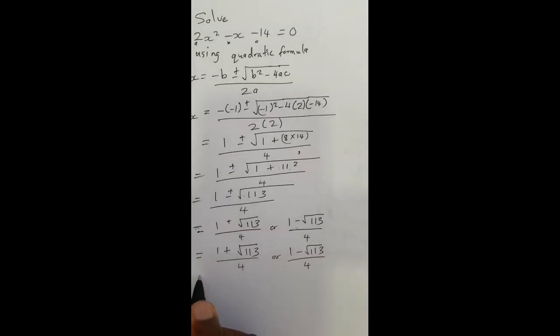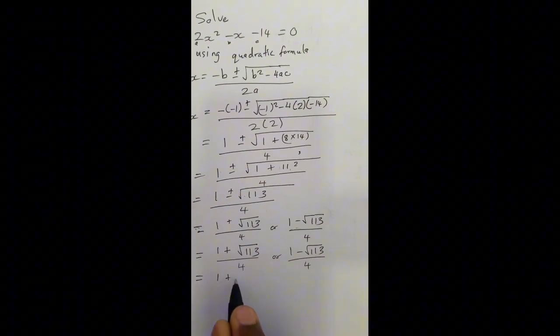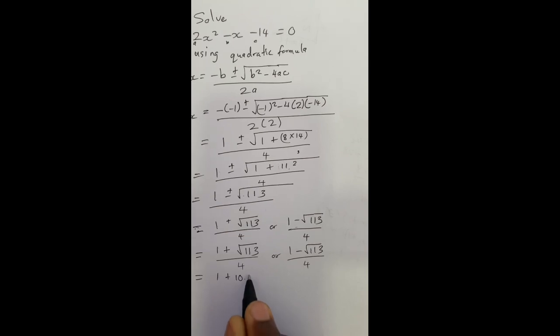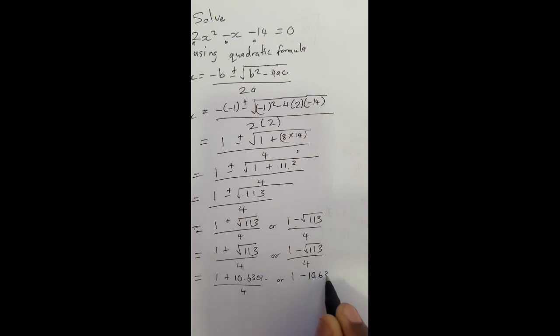We got the square root of 113 is 10.6301. So it will be 1 plus 10.6301 over 4, or 1 minus 10.6301 over 4.